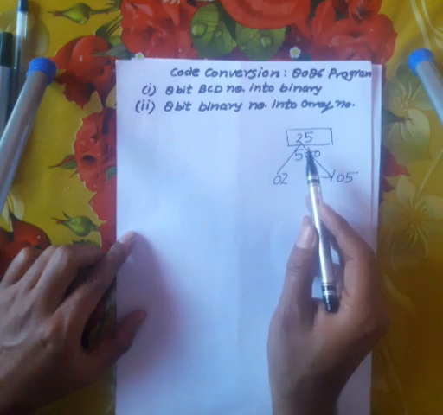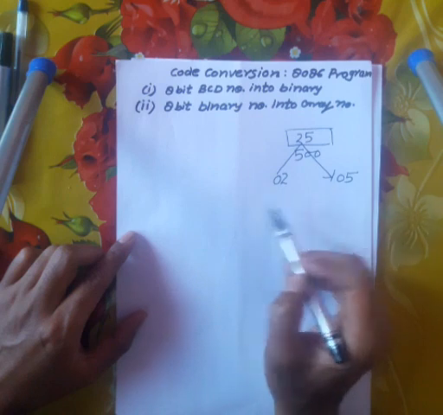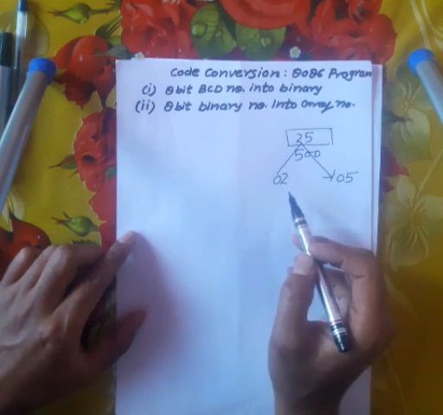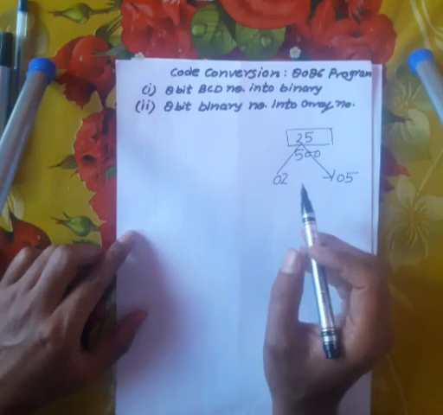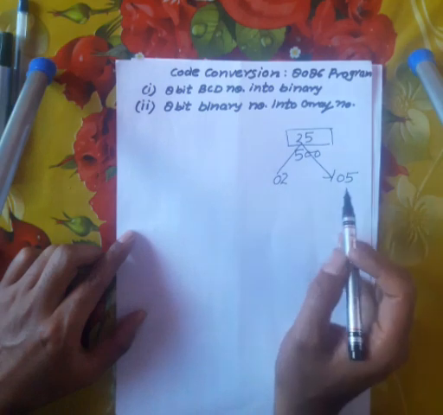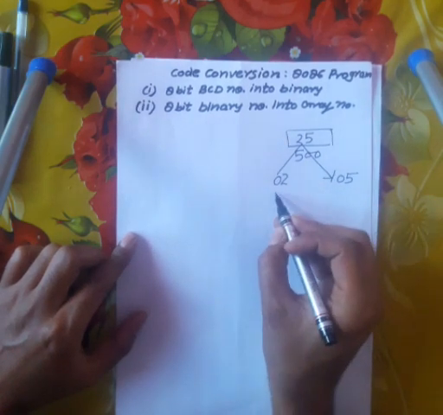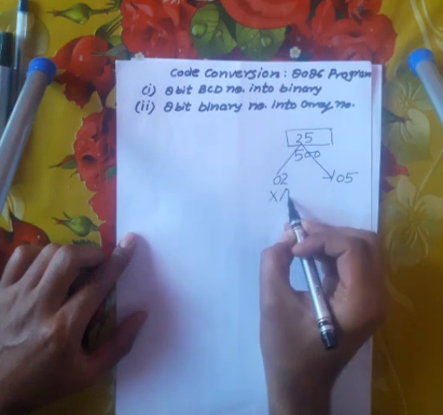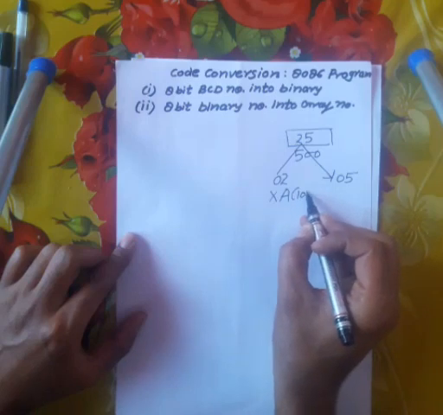But again to get 2 you have to reverse the number, and for this you will rotate 4 times. After rotating 4 times the number becomes reverse, and now you have to multiply 02 into A. A means nothing, it is 10 in decimal.